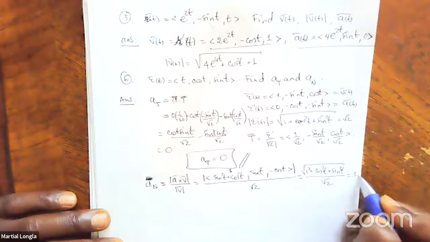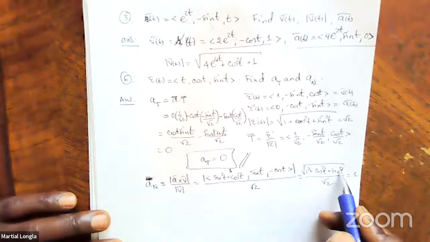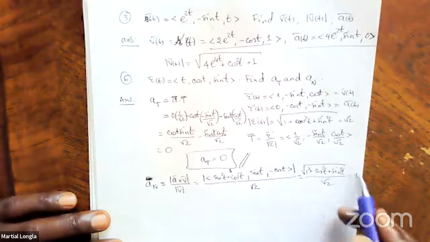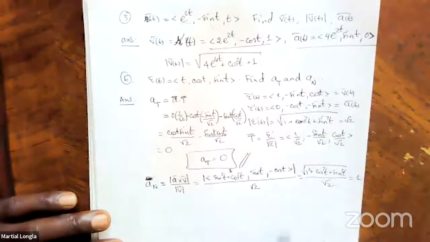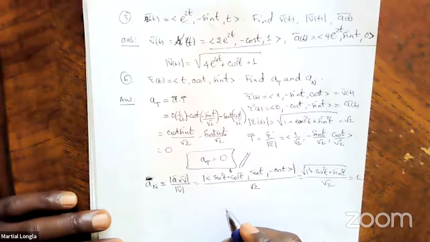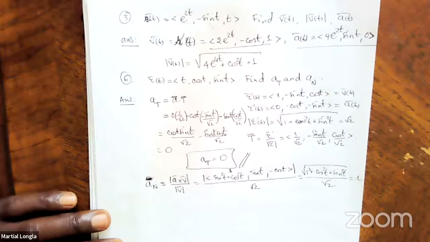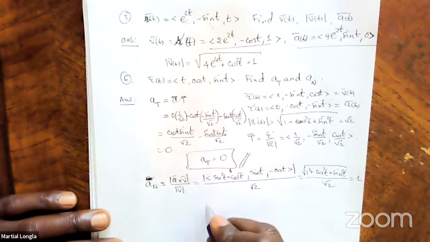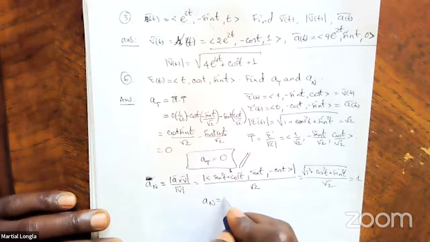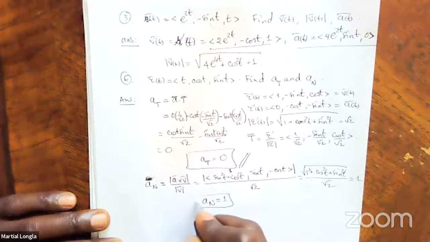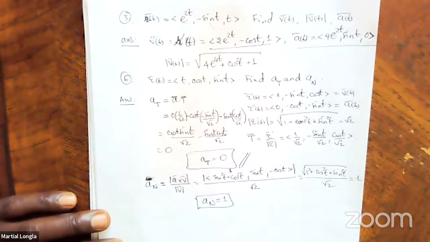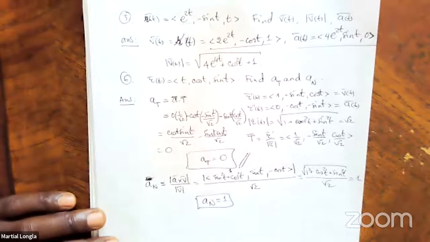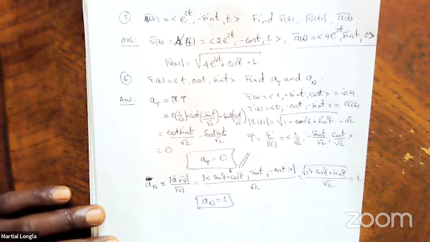And this is equal to 1 because sine squared plus cosine squared is 1. 1 plus 1 is 2. So root 2 over root 2 is 1. So the normal component of the acceleration is always equal to 1. And the tangential component of the acceleration is always equal to 0.